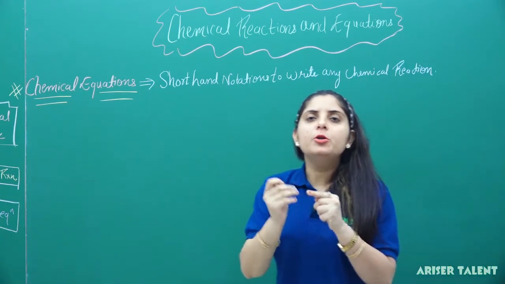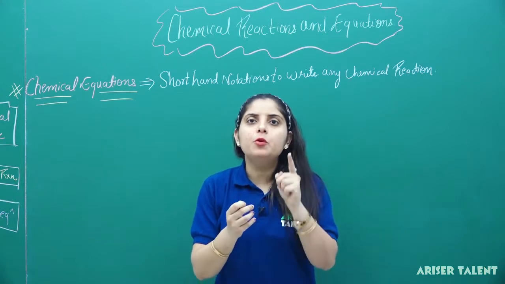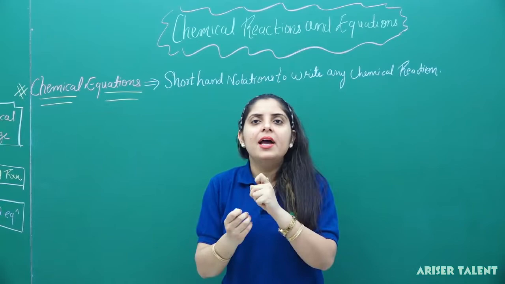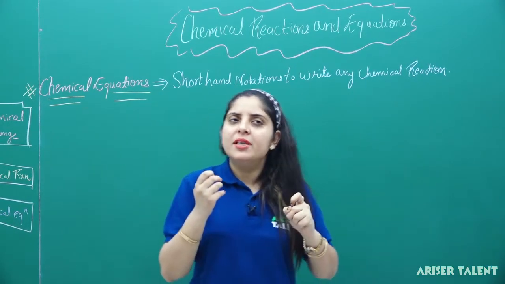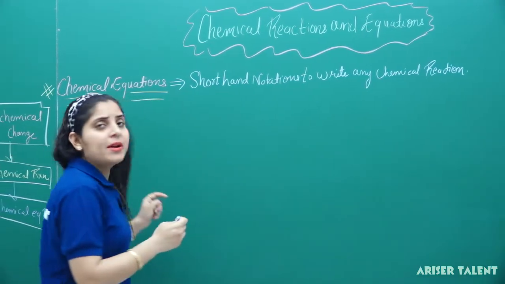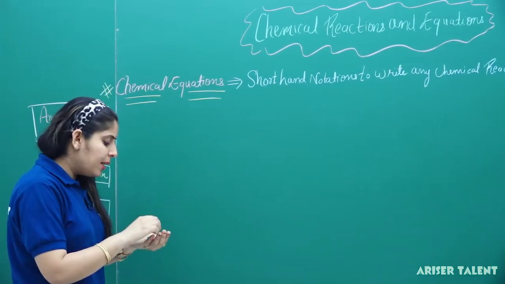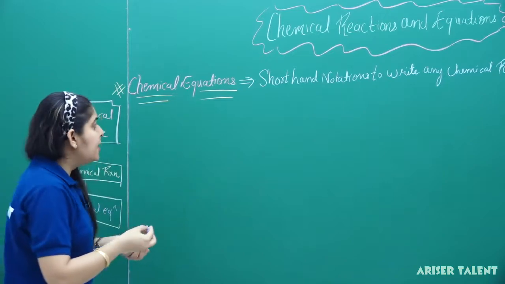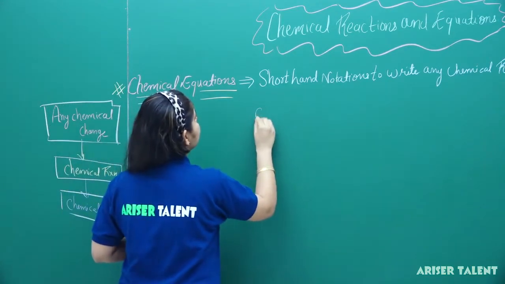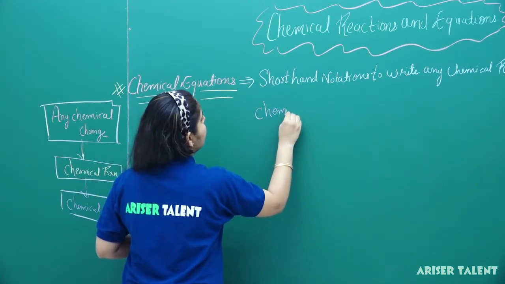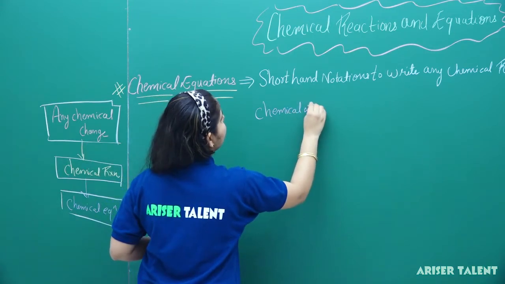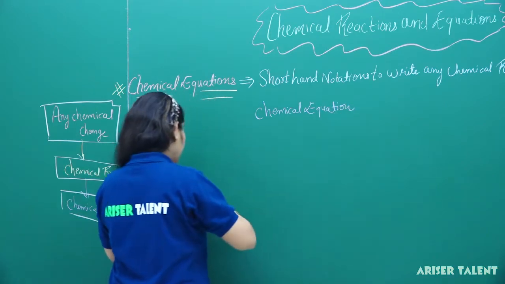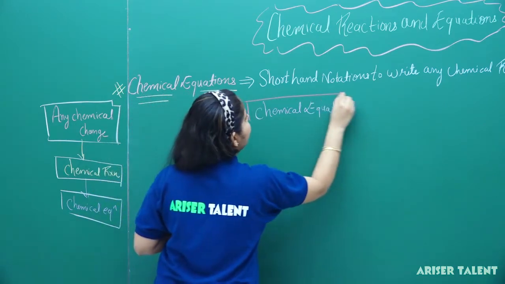Now, if we want to express the chemical equation, we have two methods here, that is word equation and symbol equation, that I have already discussed, but I'm telling you now in a very short form how the chemical equation can be represented. Chemical equations can be represented in two ways.